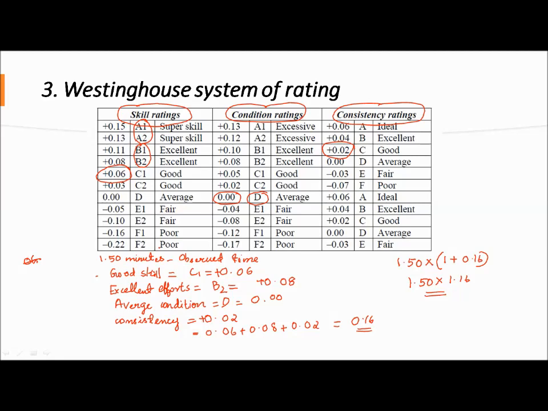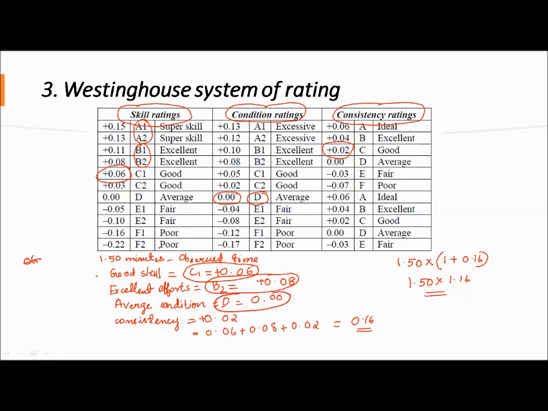Hope the idea is clear. To summarize, you are just adding here. I just assumed some values: you considered him to have good skill and found the value. He has excellent efforts, and you assumed the value.